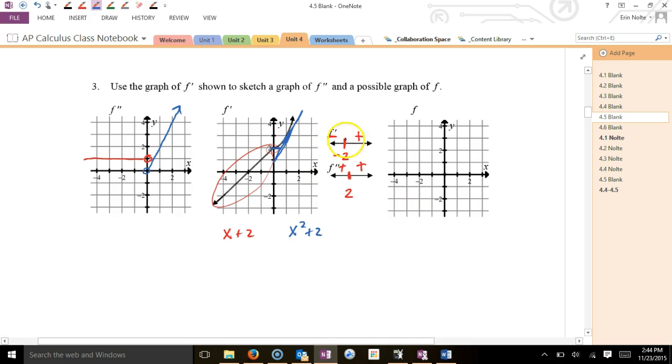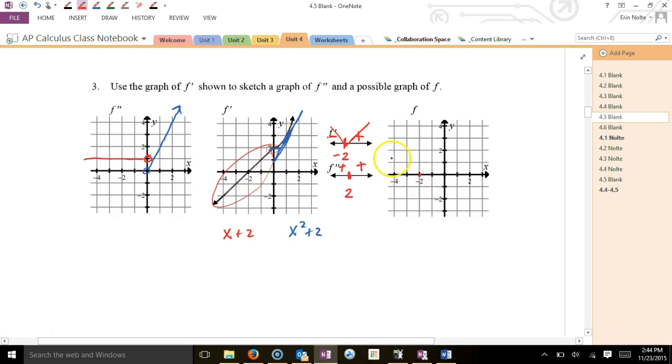From our number line, down, up, it has a minimum value at -2. We can't really say what the corresponding y value would be, so you could move this up or down. I'm just going to throw it at 0, it just makes sense in my mind.